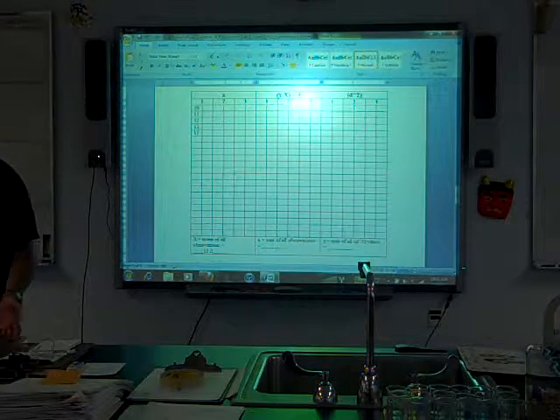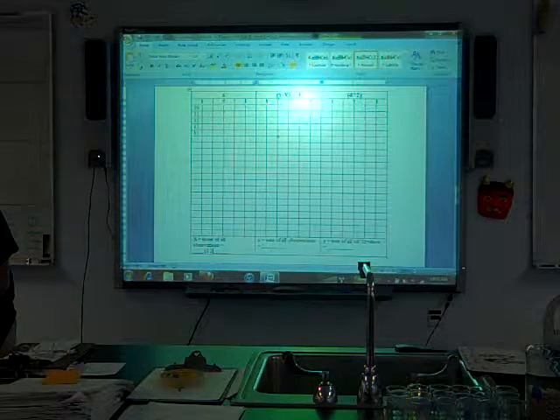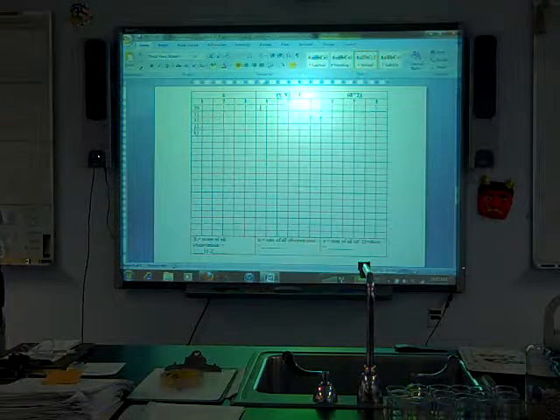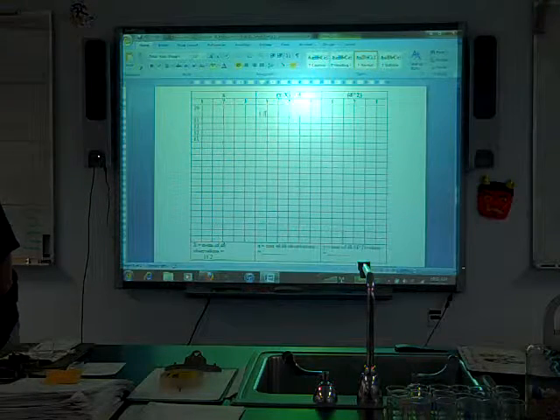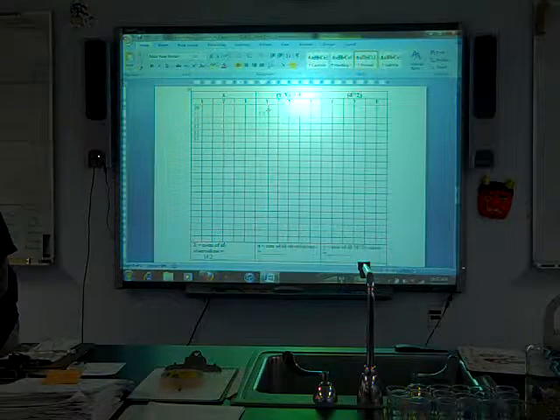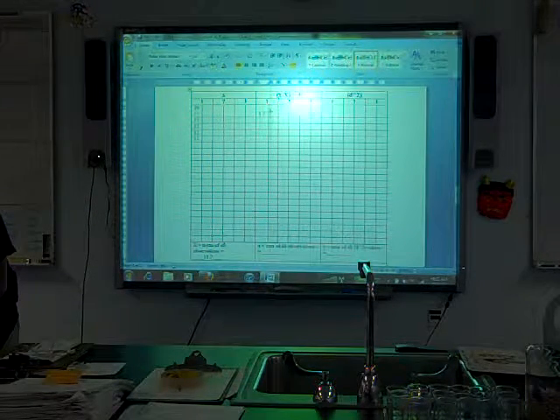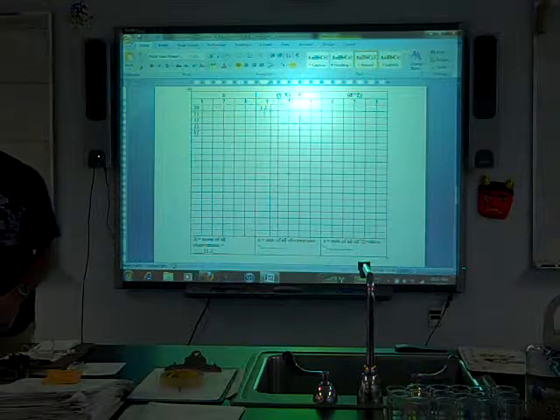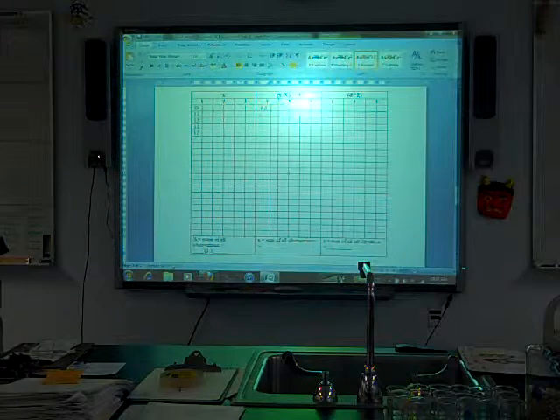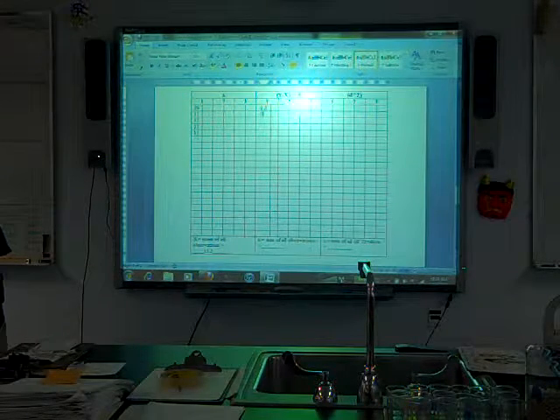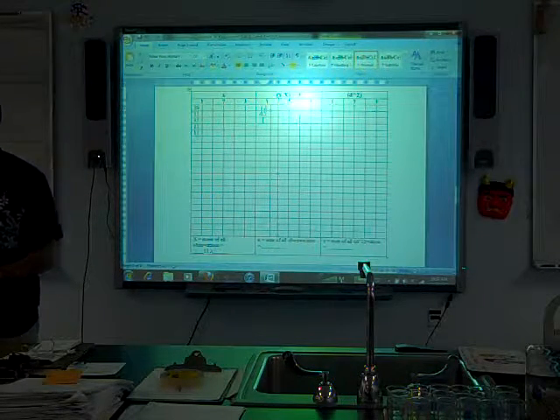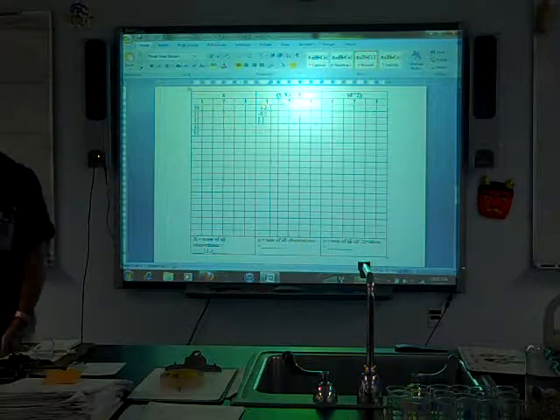So 10 minus 11.2 gives us negative 1.2. 11 minus 11.2 is negative 0.2. And we take 12 minus 11.2.